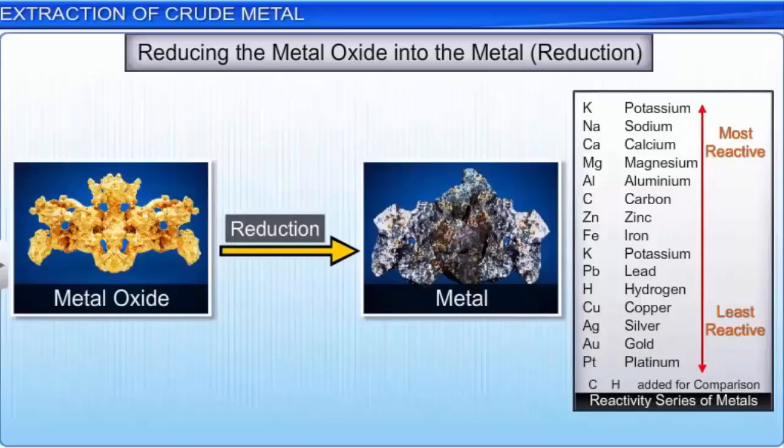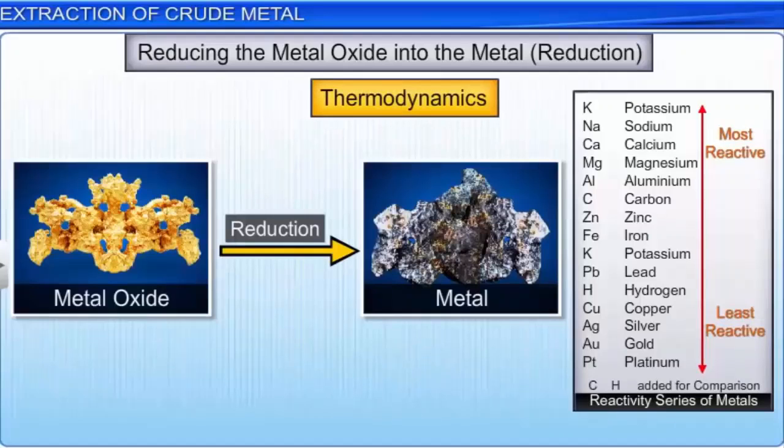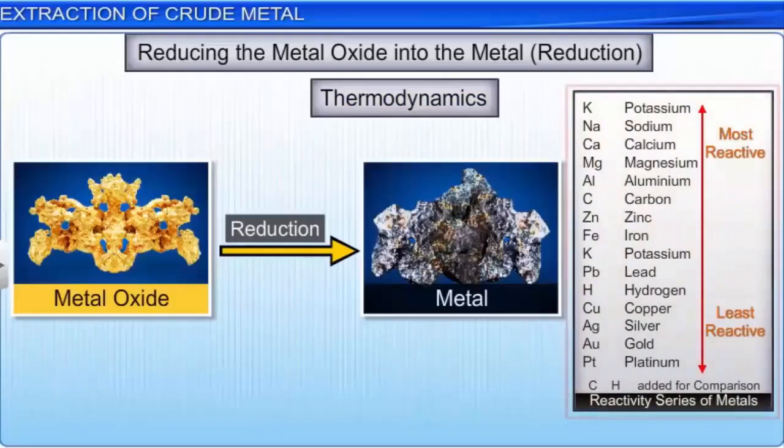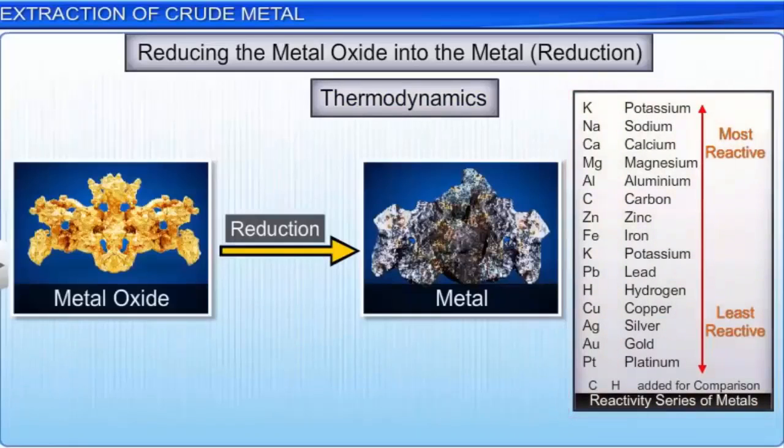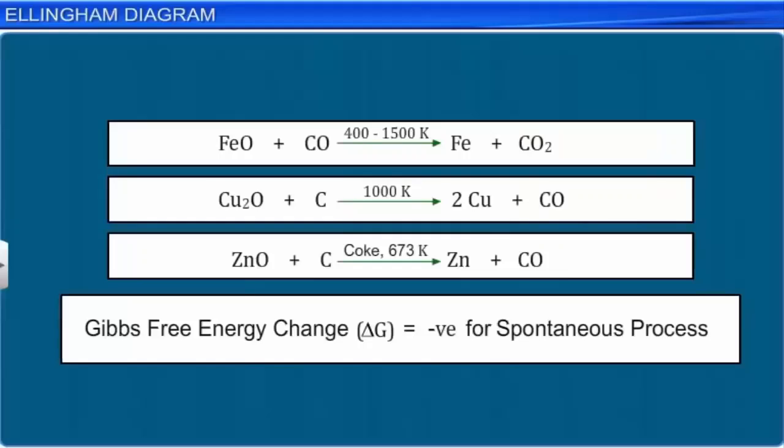On the other hand, thermodynamics helps us choose a suitable reducing agent for the reduction of metal oxide. Thermodynamics helps us understand the variation in temperature required for the thermal reduction of oxides, and to predict which element will suit as the reducing agent for a given metal oxide. The Gibbs energy is the most important thermodynamic term here.